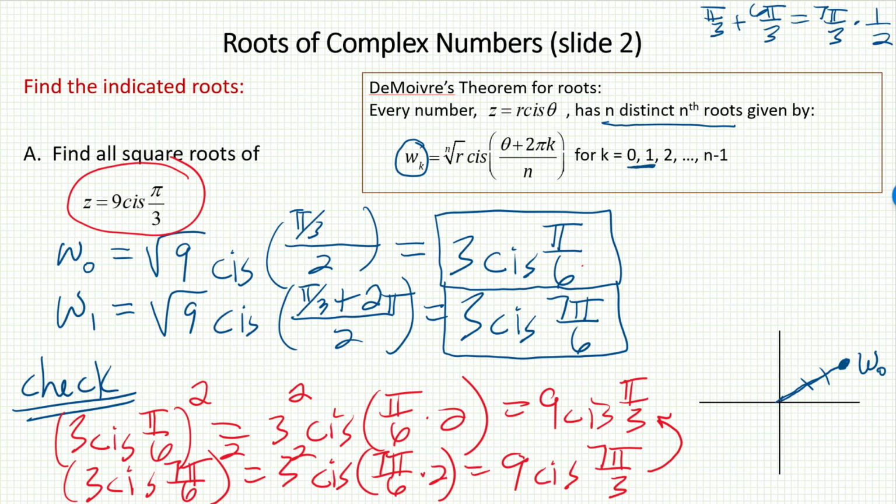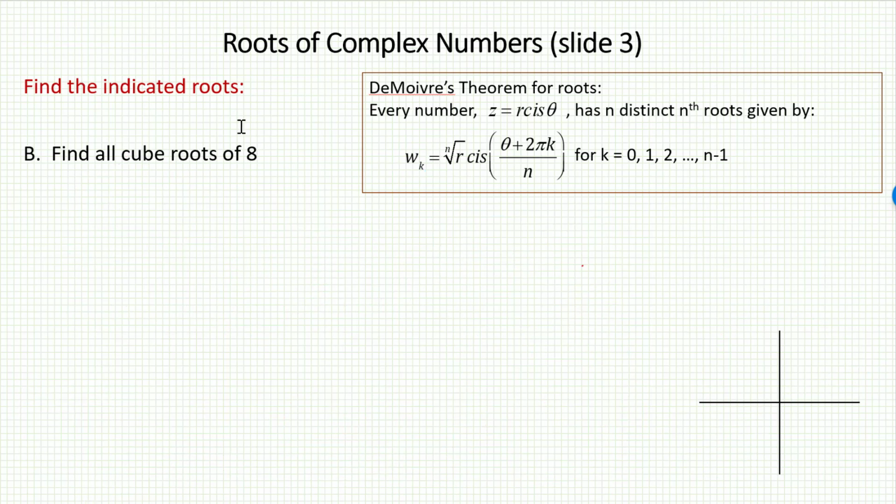That's 30 degrees past 180, which means it's exactly on the other side here. It's very symmetrical and spaced out. Here is the w1 answer. In fact, if I formed the circle centered at 0, 0, containing those 2 points, my 2 answers would be equally spaced out along that circle. We'll keep that in mind as we move to the next example. Okay, here's our next example.